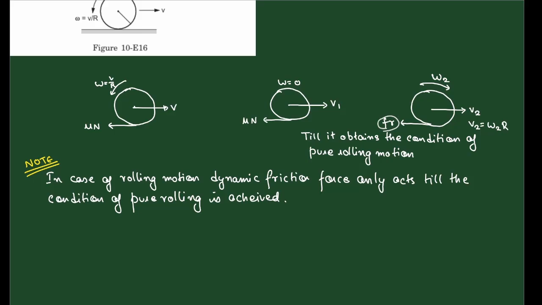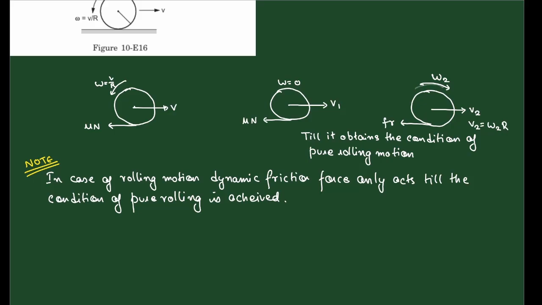Understood? Now one more thing, sir, what would happen if I leave this wheel in this condition? Will it stop ultimately, or will it keep rolling? In Newton's first law of motion, you learned that a body with velocity v keeps on moving with velocity v until and unless an external force is acting on it.